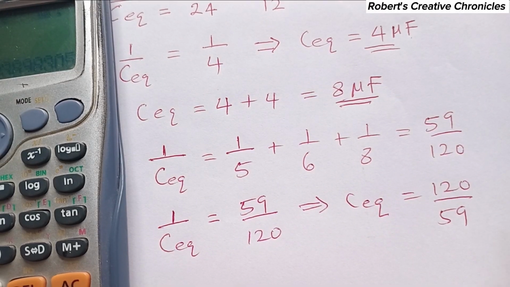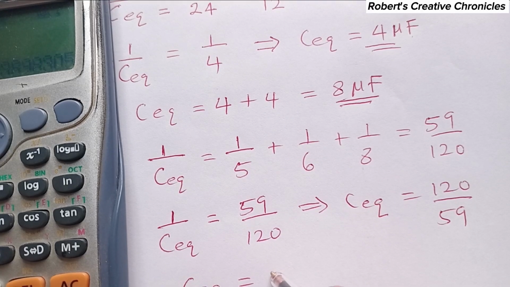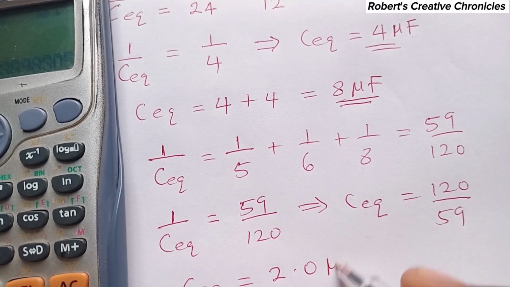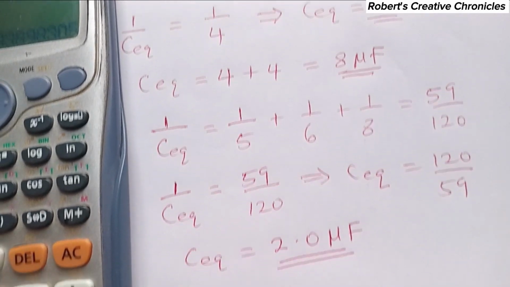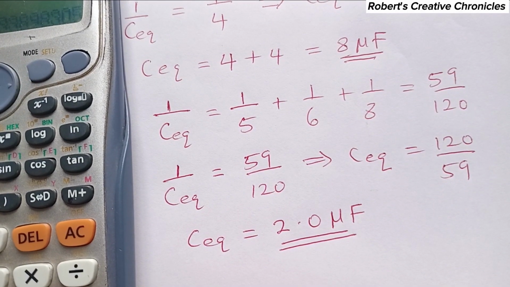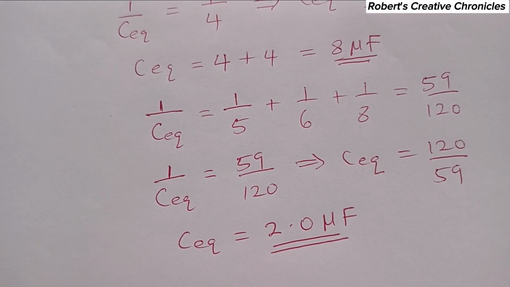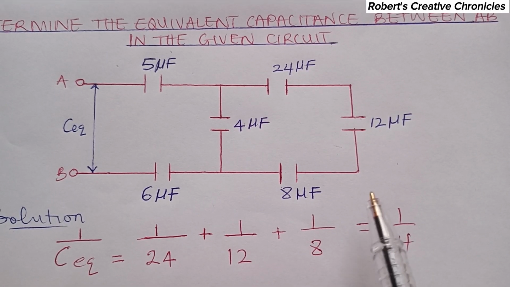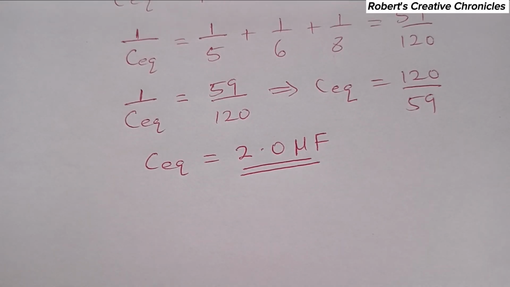So it's 2 approximately. And the equivalent capacitance is 2.0 microfarad approximately. So that's the final answer: 2.0 microfarad. So that means the equivalent capacitance between AB in this circuit is 2.0 microfarad.